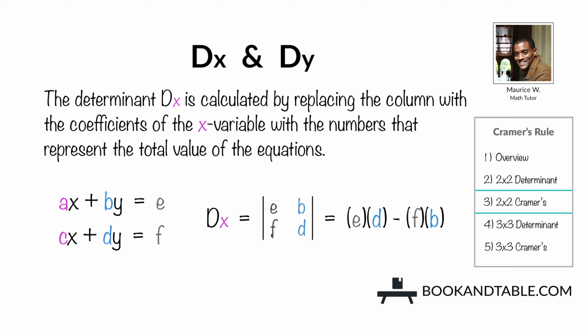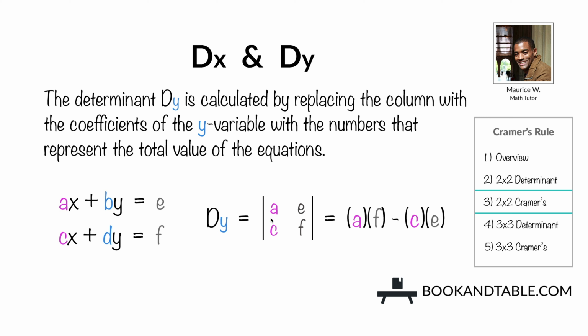So instead of c here, we have f. And now this is the 2x2 that we'll use to calculate Dx. We're going to multiply e times d, and then subtract f times b, and this will give us Dx. And the third determinant would be Dy, and that is calculated by replacing the column with the coefficients of the y variable with the numbers that represent the total value of the equations.